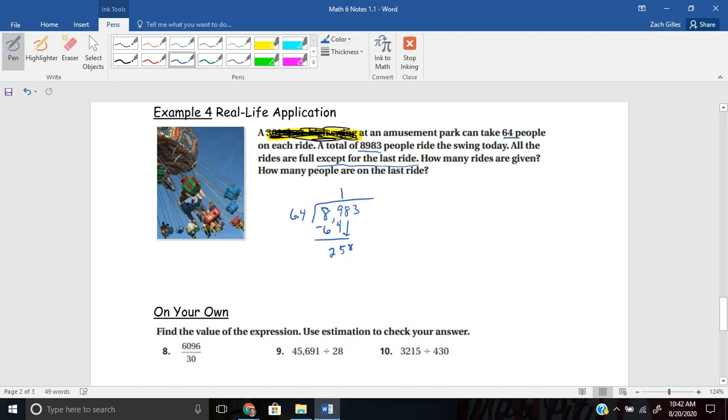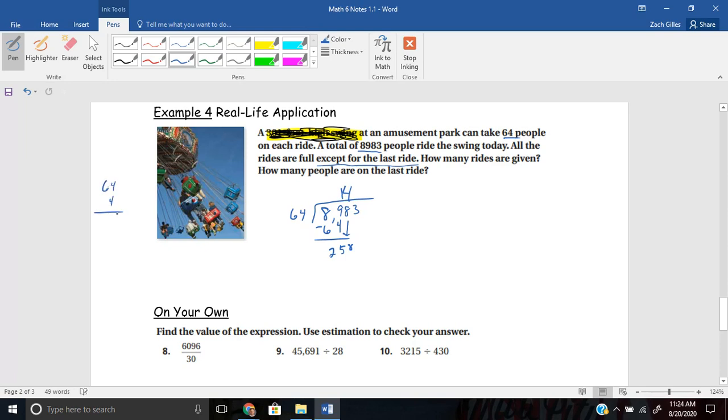If I estimate this to 60, how many times does 60 go into, let's estimate this to 200. So 60 would go into 260. Let's see. 60 times 2 would be 120. Another 60 would be 180. Another 60 would be, let's see, 240. So that's got to be close. So let's try 4 times.